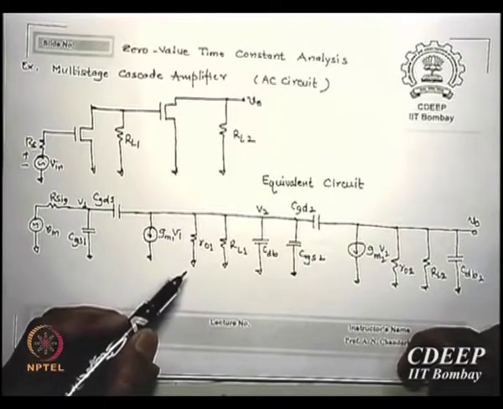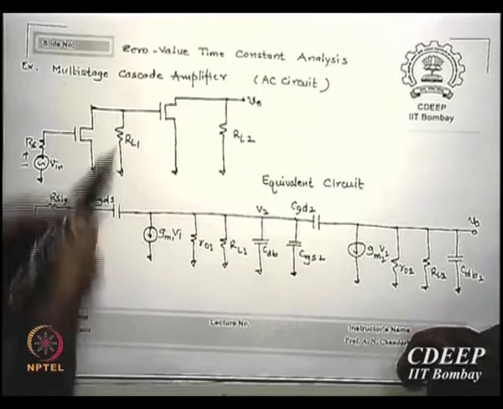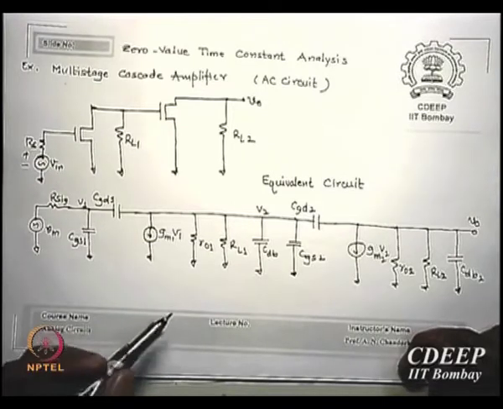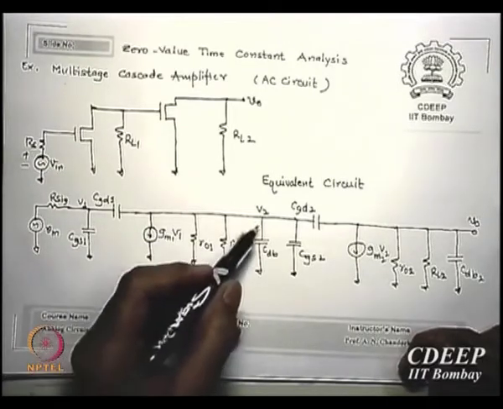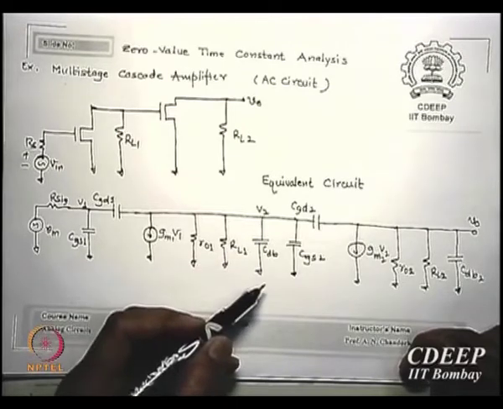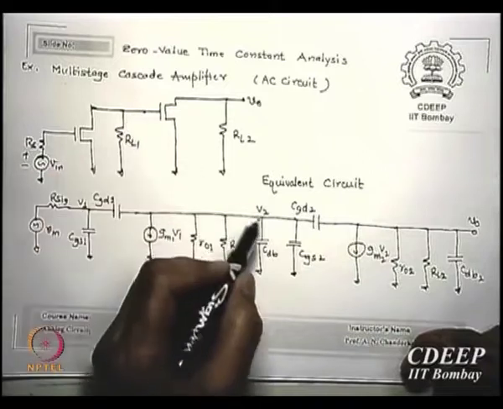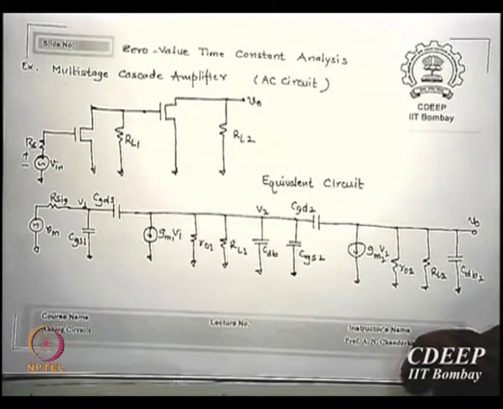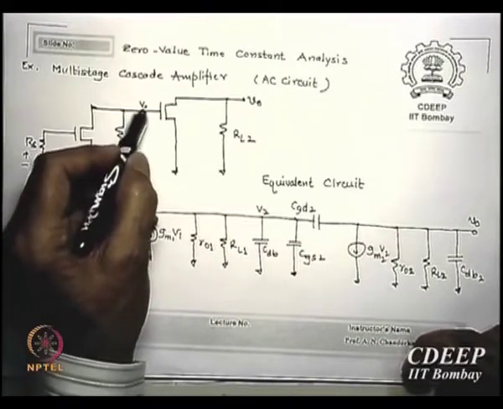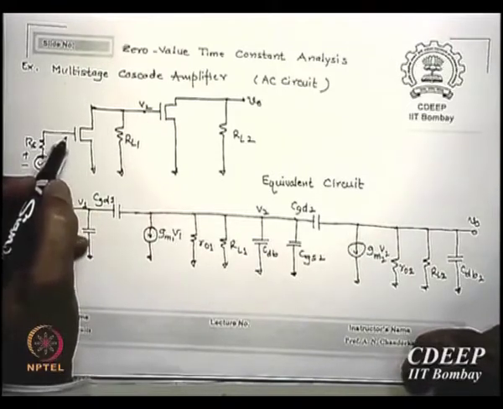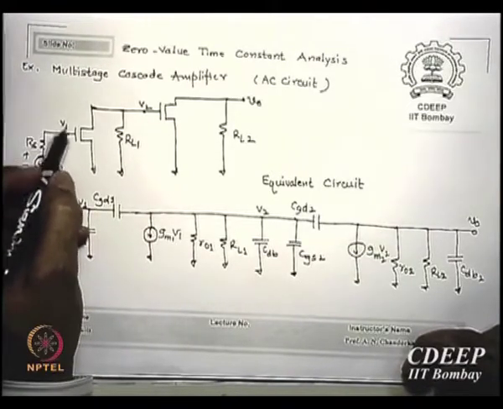Shunting that are RO1 and RL1, which is the load provided to you. Then there is the drain to bulk capacitance CDB at this point. So this is my V2, and somewhere here will be my V1.